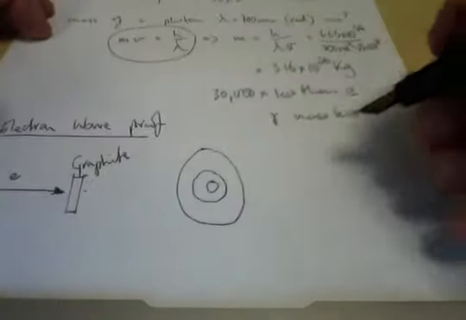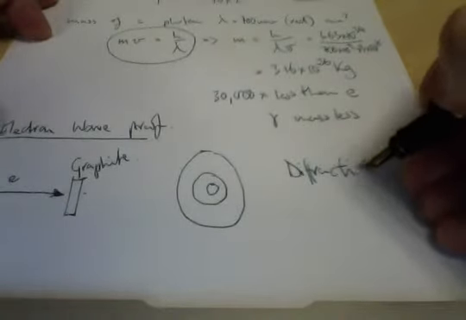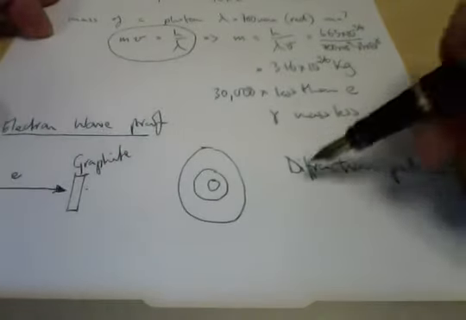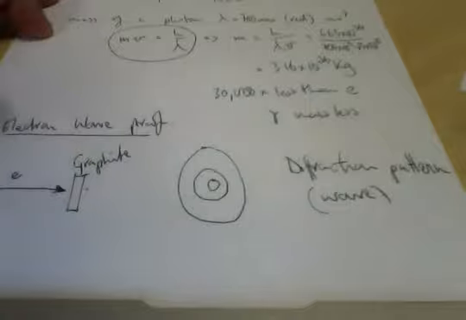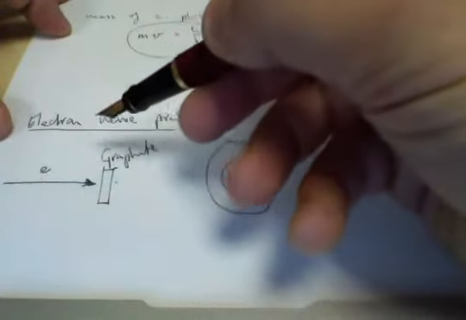Now these are very characteristic of a diffraction pattern. Diffraction patterns, we know, illustrate wave-like nature. Electrons, we know, are very much particle-like. So therefore, this electron is behaving very much like a wave.